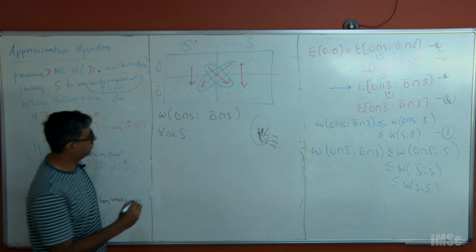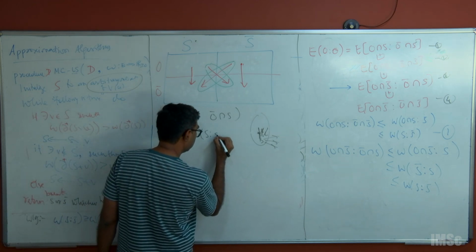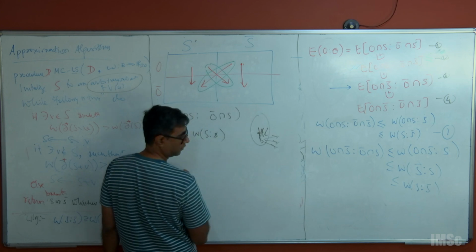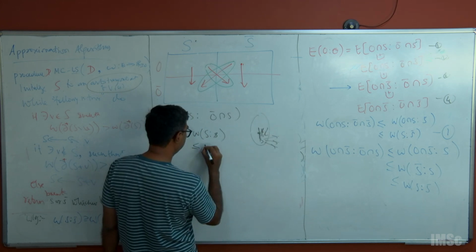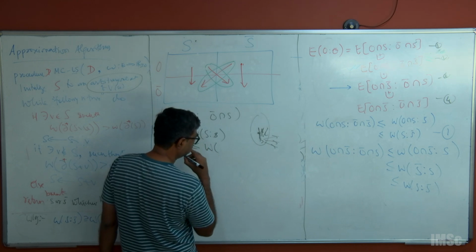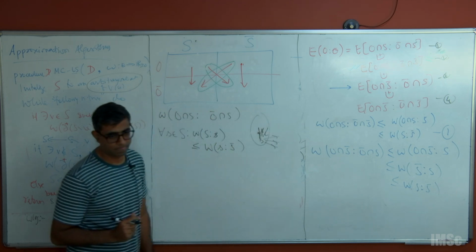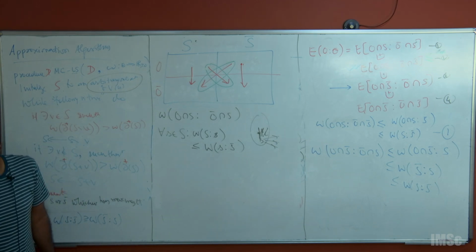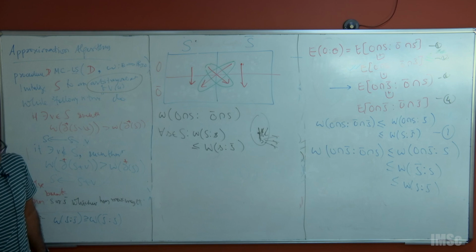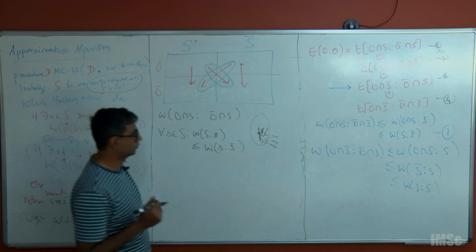So for all s in S, I can write the weight from s to S is less than or equal to the weight from s to S bar. Is that fine? The order should be different: the weight of small s to capital S. In the first expression, because we are considering directed arcs, yes.